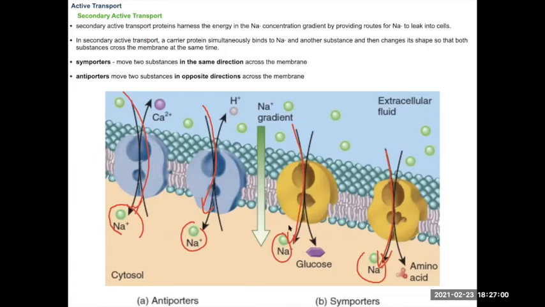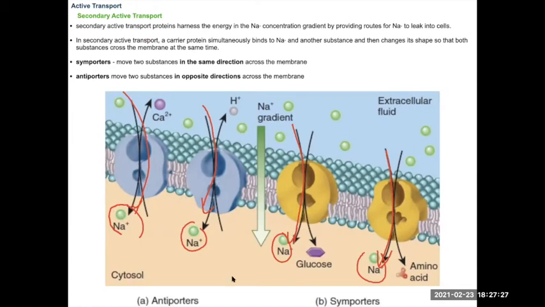We're also going to couple that sodium influx with a glucose or amino acid, right? But in all cases, the sodium was flowing toward its concentration gradient, and then the other substances were moving against it, whether they're both moving in together like these symporters, or moving in the opposite direction like these antiporters here.